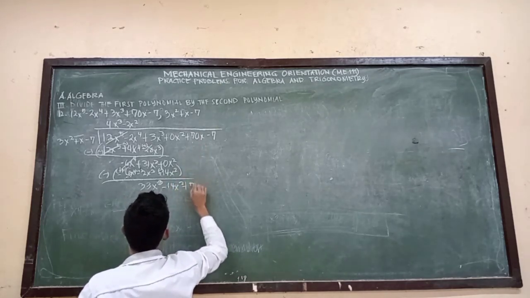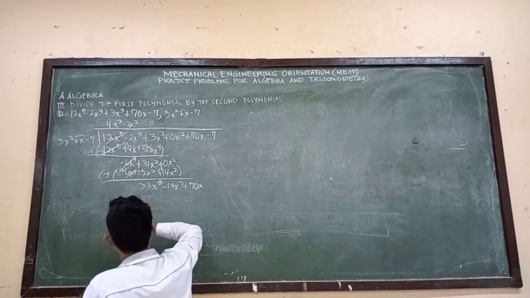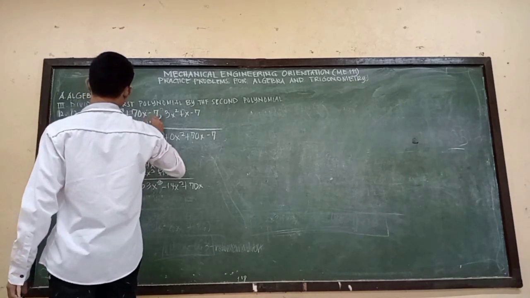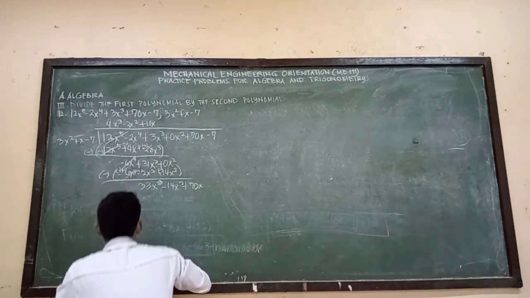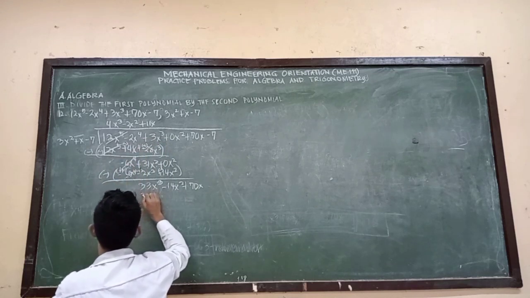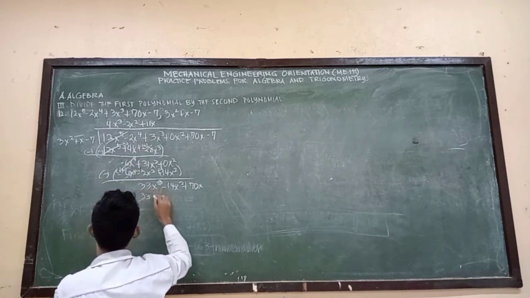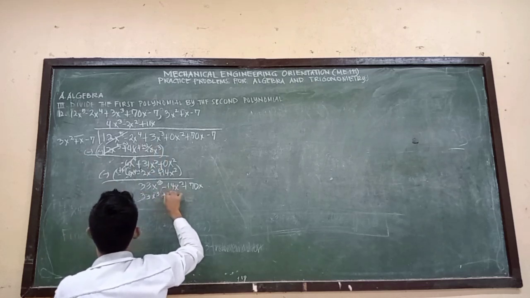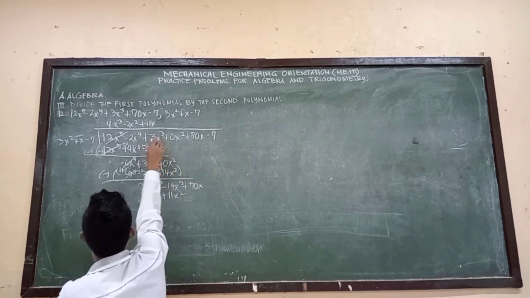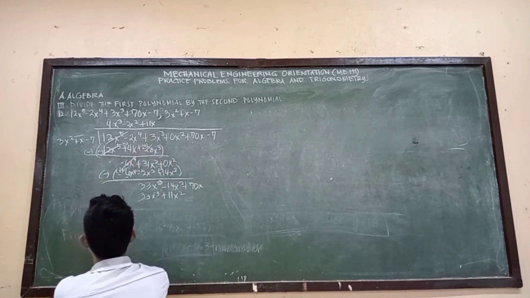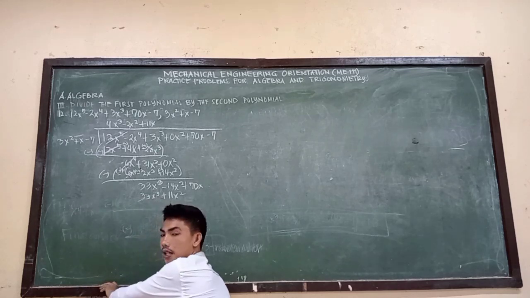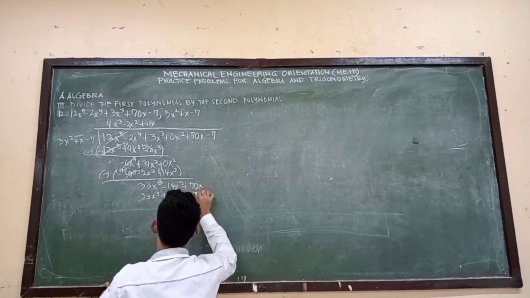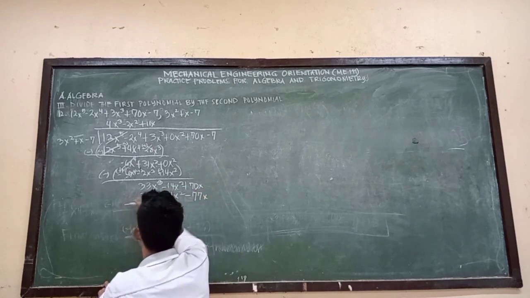Bring down 70x. 33x cubed divided by 3x squared will give us positive 11x. 11x times 3x squared will give us 33x cubed. 11x times x will give us positive 11x squared, and then 11x times negative 7 will give us negative 77x.